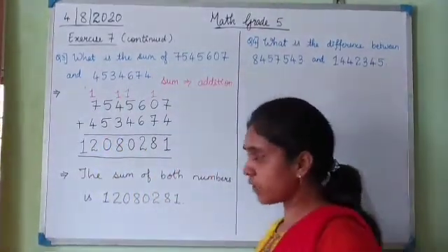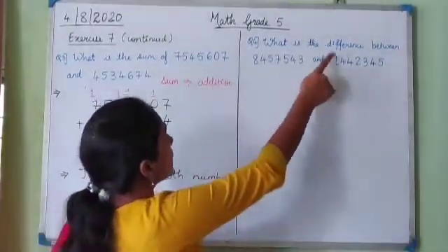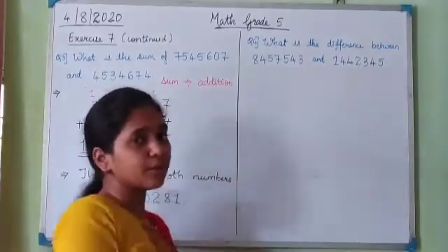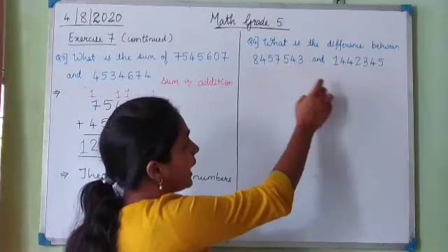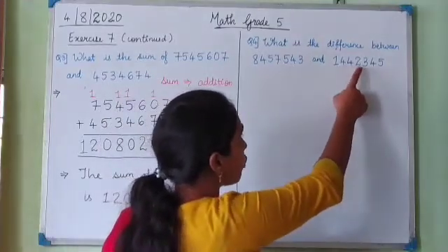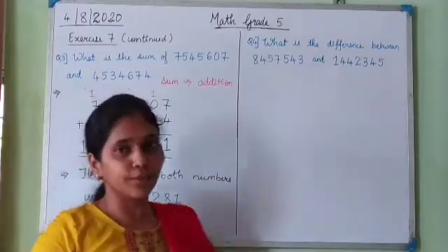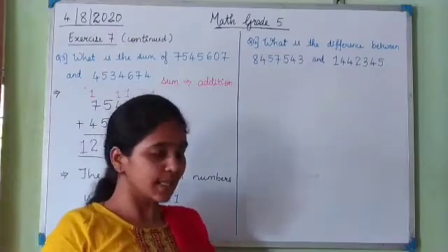Now let's go to the 4th question. The 4th question is, what is the difference between this number and this number? The first number is 8457543 and the second number is 1442345. We have to find the difference.